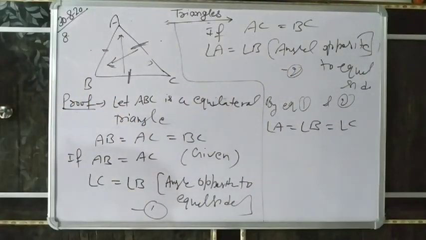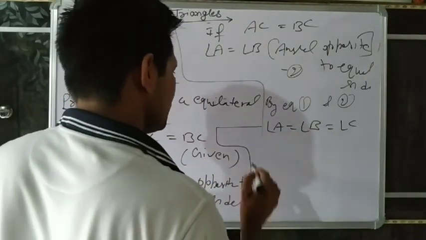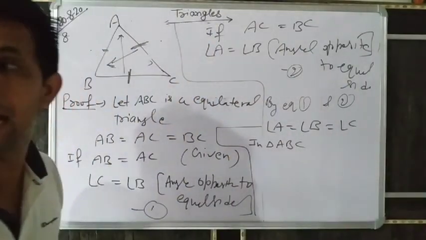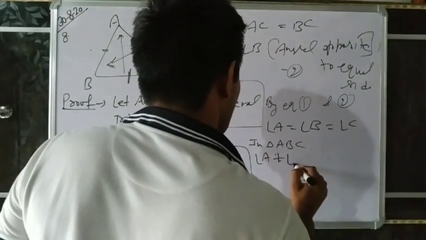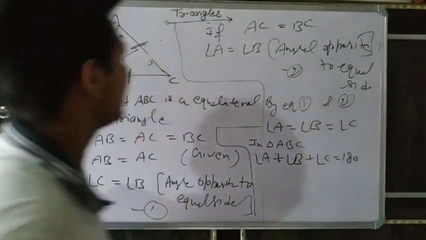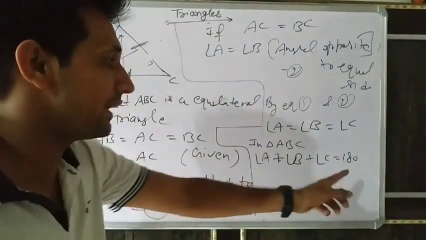Do you understand? Now in triangle ABC we will use the angle sum property. Angle A plus angle B plus angle C equal to 180 degree, because the sum of all angles in a triangle is 180 degree. So write the reason.